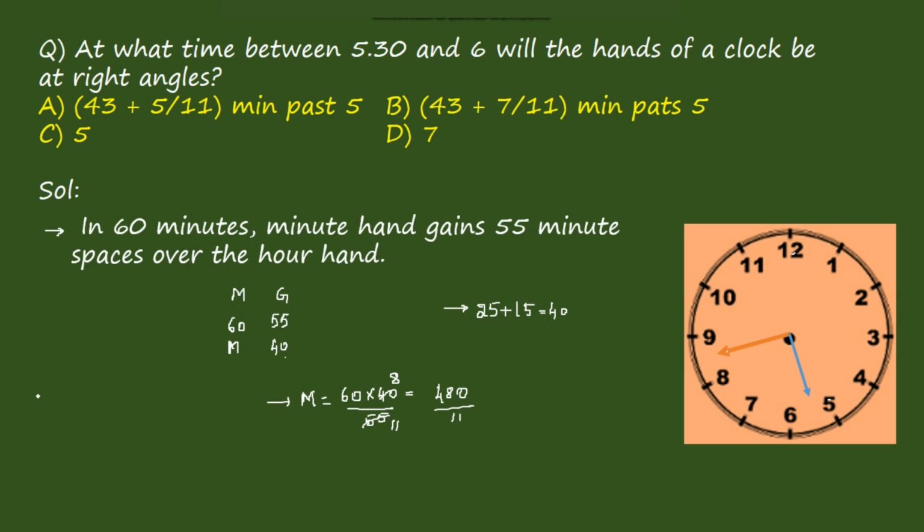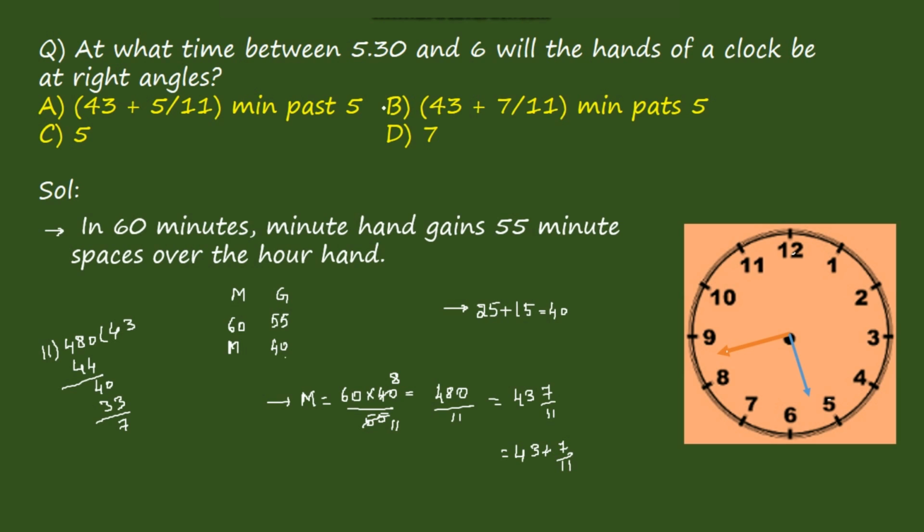When you divide 480 by 11, 4 elevens become 44, then 8 minus 4 is 40, then 3 elevens become 33, it becomes 7, which is equal to 43 and 7 by 11, which is also 43 minutes plus 7 by 11 minutes.